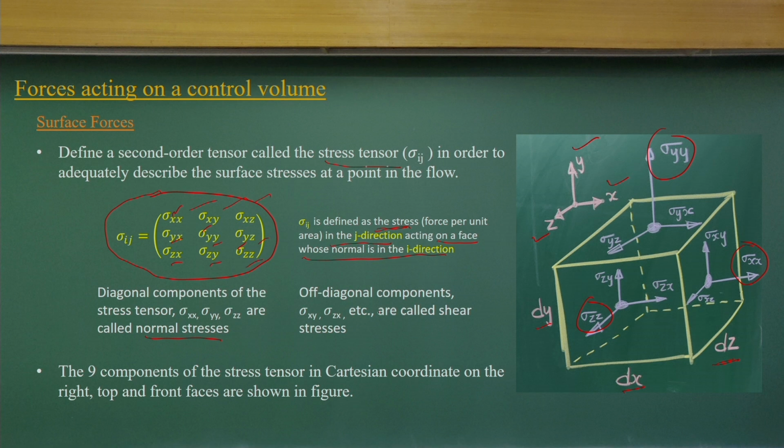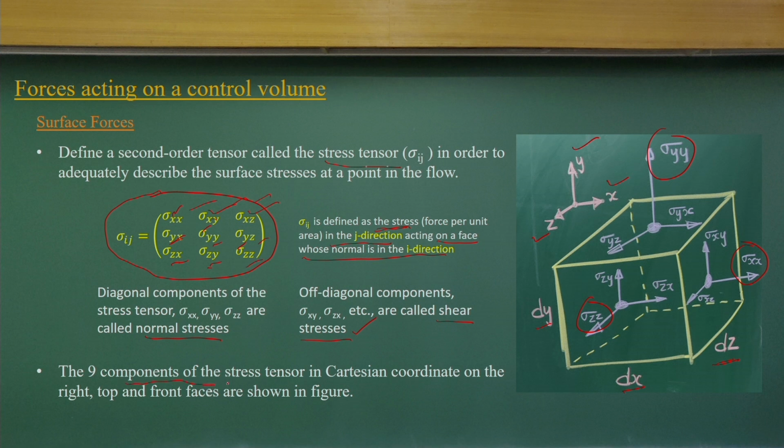But the off-diagonal components, like sigma xy, sigma xz and so on, act tangentially. So basically these are the viscous terms. Over the surface we can define them as either the shear stress components or the viscous stress components.